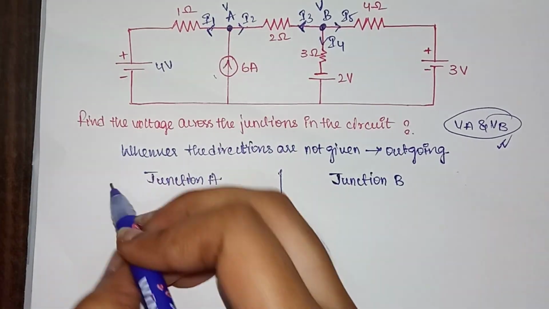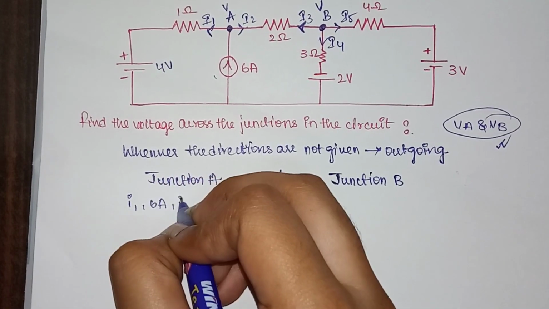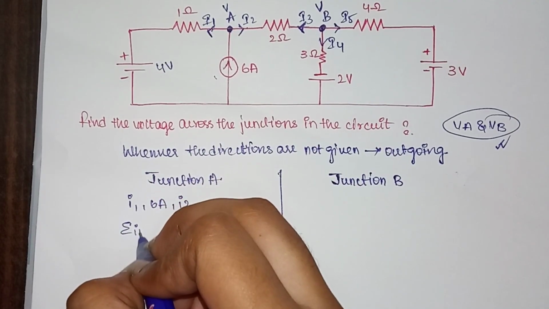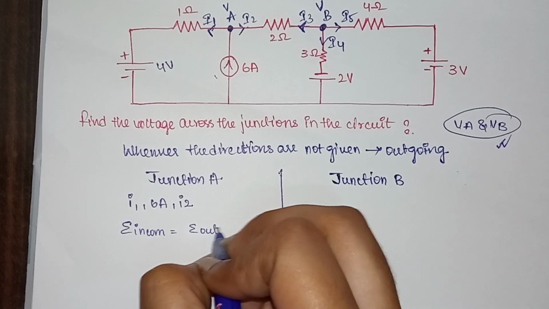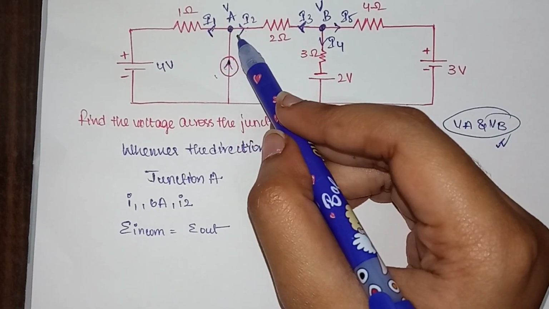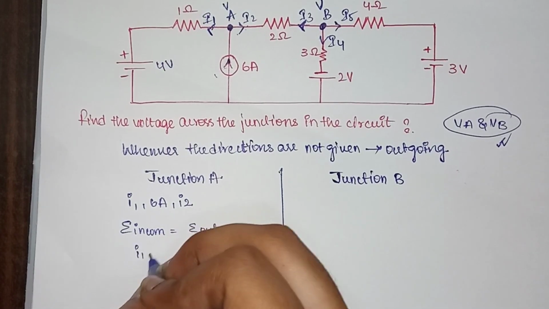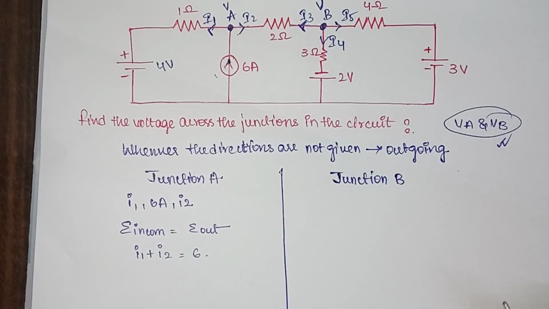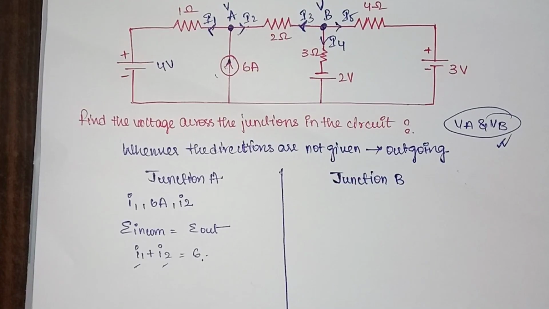Now, sum of incoming currents is equal to sum of outgoing currents. We were given an incoming current, and our I1 and I2 are outgoing currents. So how can we write the equation for this? I1 plus I2 is equal to 6. This is our equation. From this equation, we need to derive the I1 and I2 values.